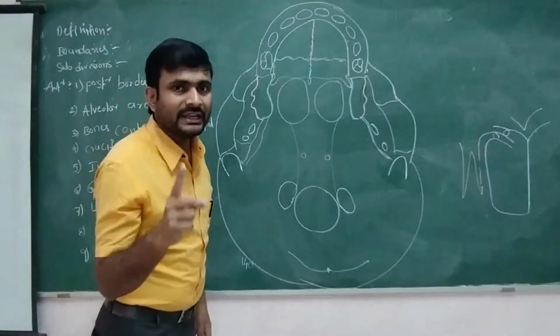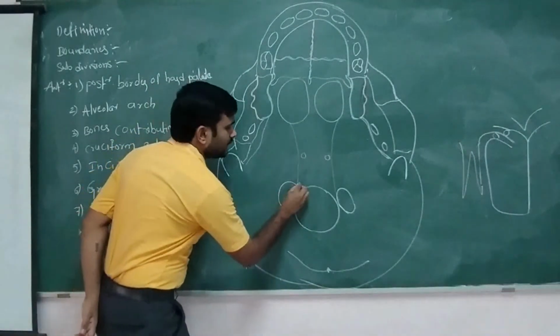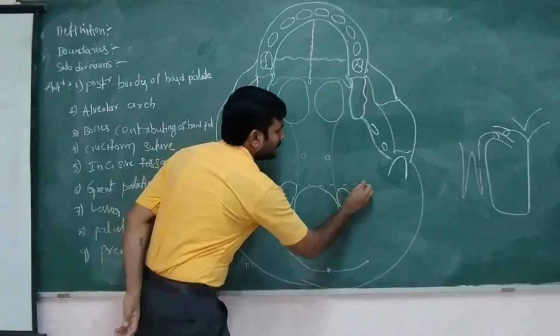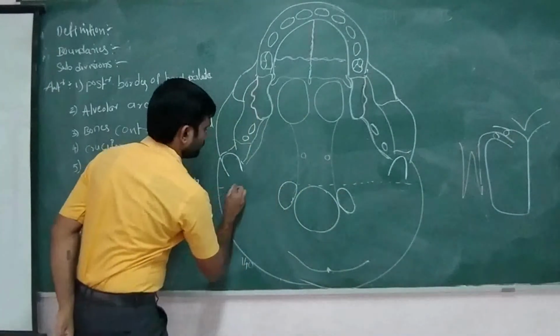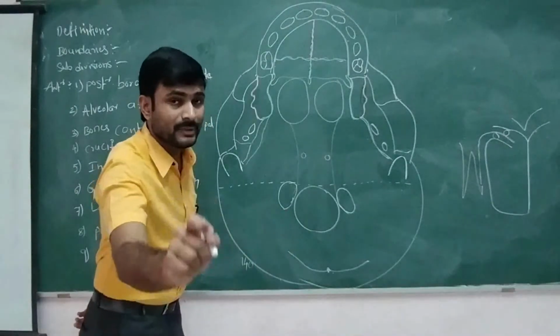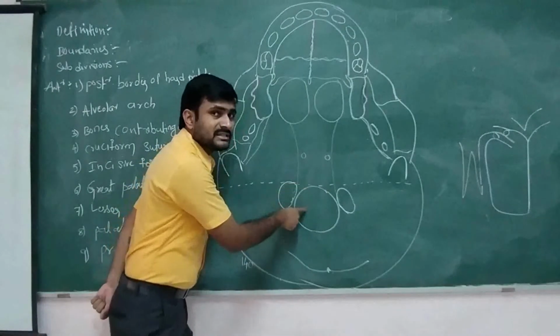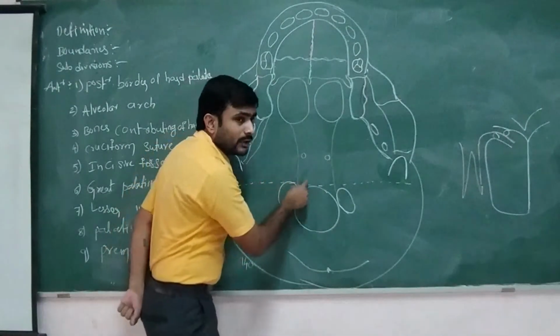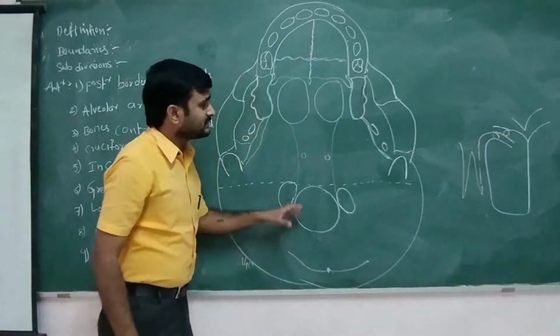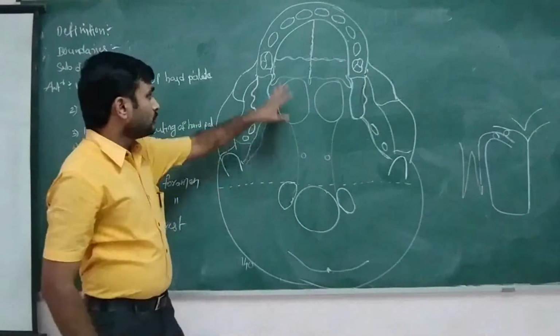And next, one imaginary line passes in front of the foramen magnum. This is the foramen magnum, the largest foramen in the norma basalis. The imaginary line passing in front of the foramen magnum divides the middle part and the posterior part.